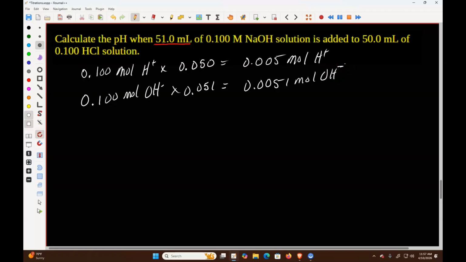All right, so my moles of OH negative is greater than my moles of H plus. So I'm going to say 0.0051 moles OH negative, and I'm going to subtract from that 0.0050 moles of H plus.